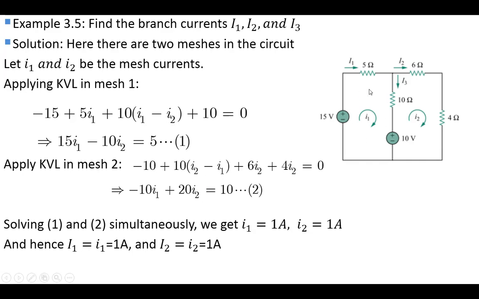Relative to mesh 1, the current will be i1 minus i2. Relative to mesh number 2, it will be i2 minus i1. Numerically the current is the same, obviously, only the sign changes. So I3 is equal to i2 minus i1, which is 1 ampere minus 1 ampere, that is 0. So the current in the 10 ohm resistance is 0.